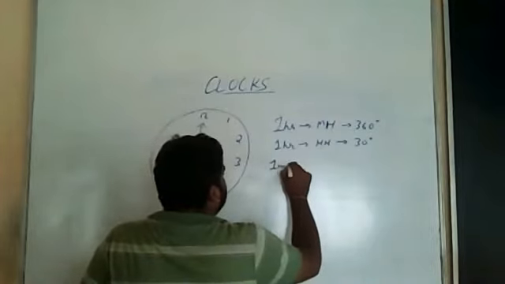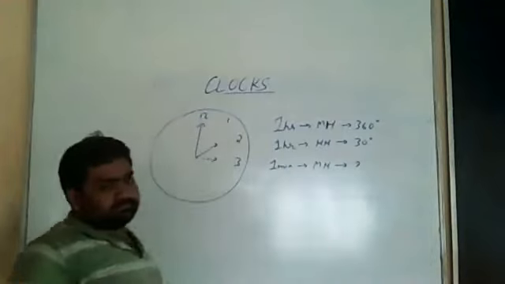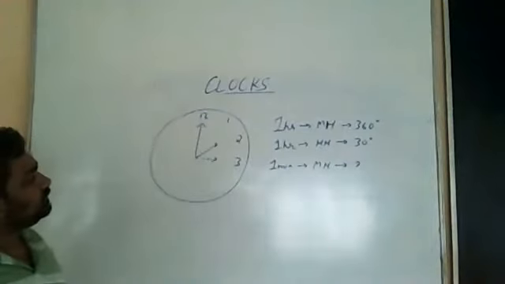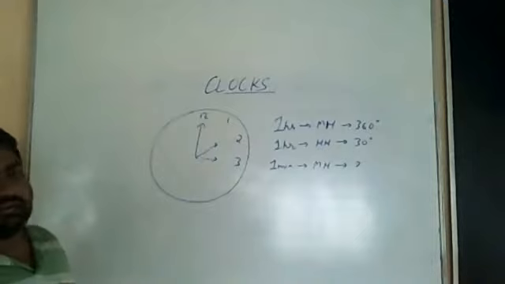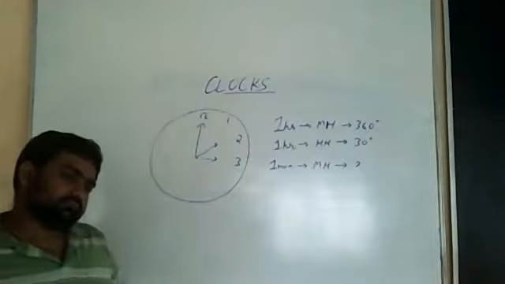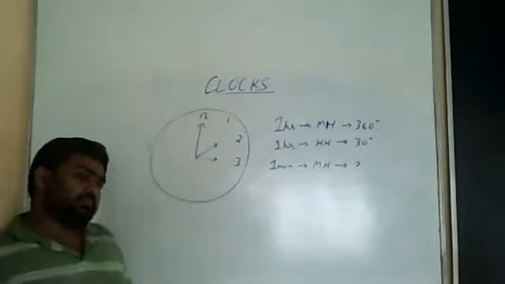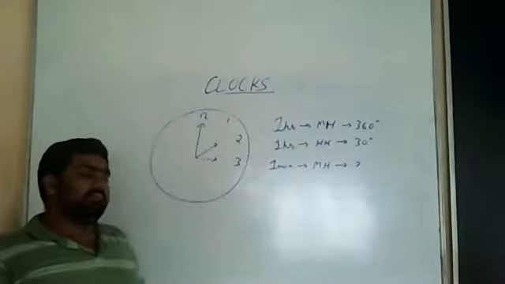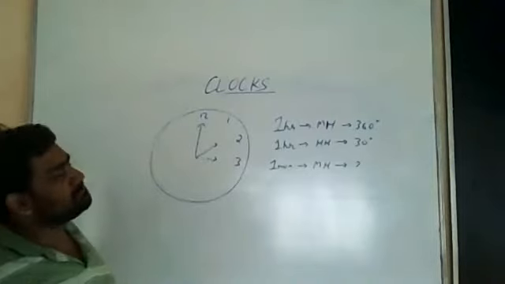So in 1 minute, the minute hand will cover how much? Read the question very properly. In 1 minute, the minute hand is going to cover how many degrees? 6 degrees.